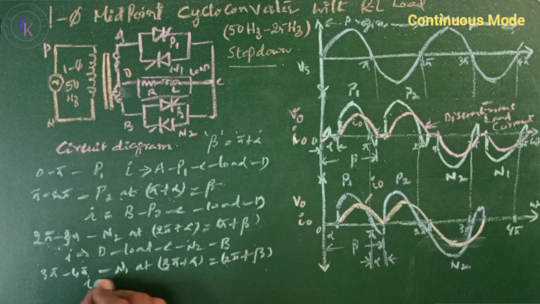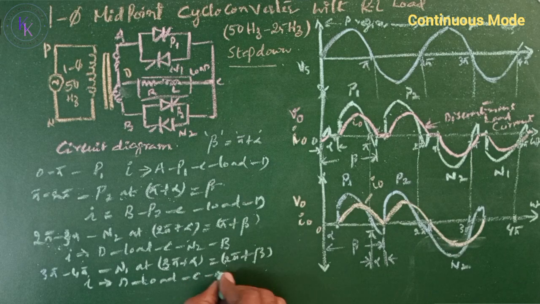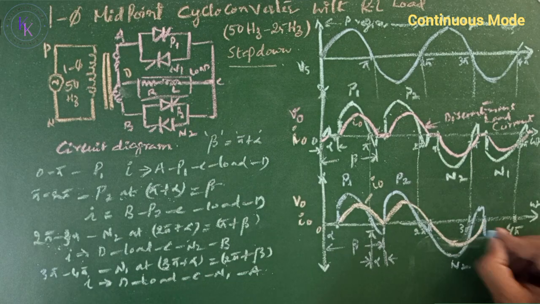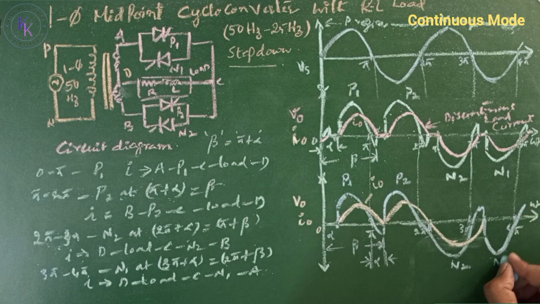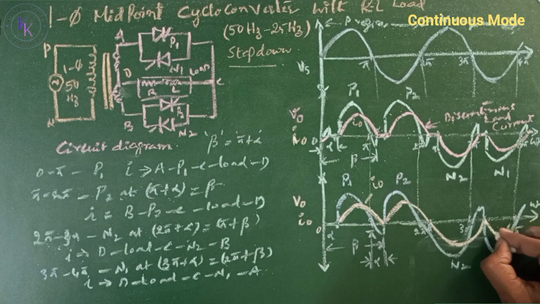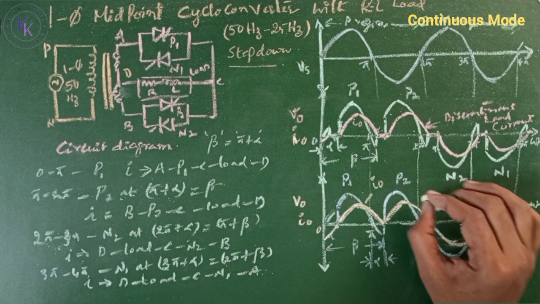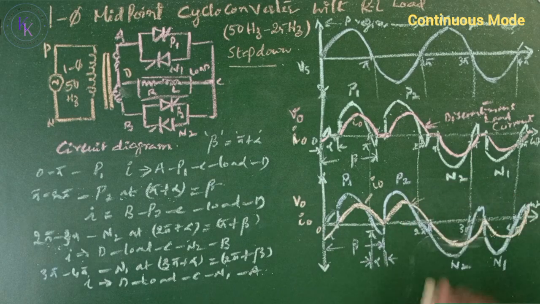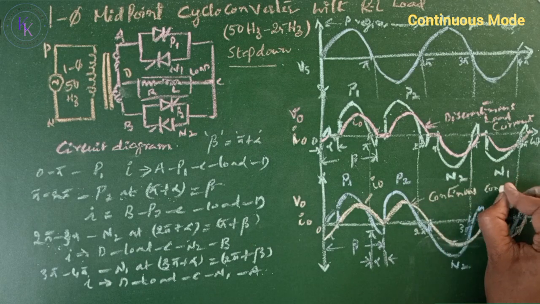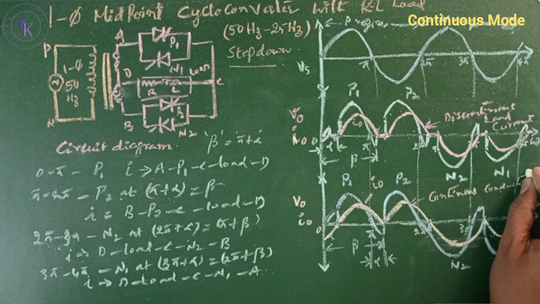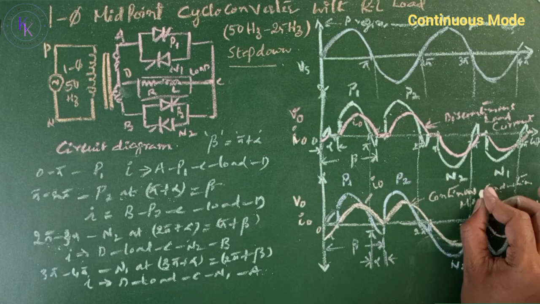And the current tries to flow between D, load, C, N1 and A. It's due to N1. Now, if you observe here, the current is flowing continuously. So, this is continuous conduction of the load current, or continuous conduction mode of operation.